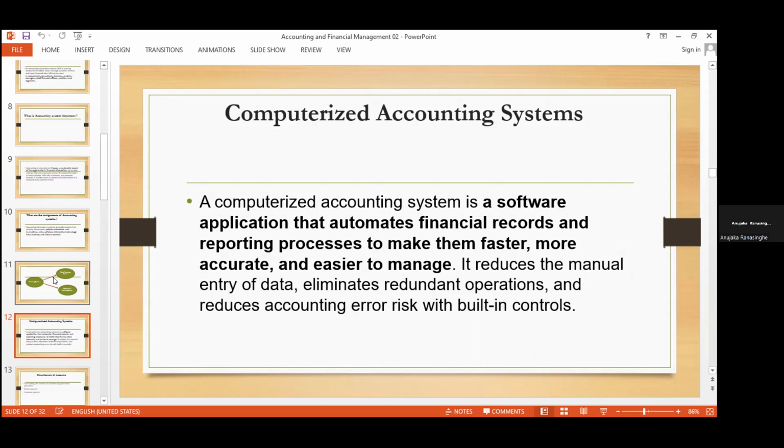It reduces the manual entry of data, eliminates redundant operations, and reduces accounting error risk with built-in controls. Through the computerized accounting system, we can reduce accounting errors and risk.